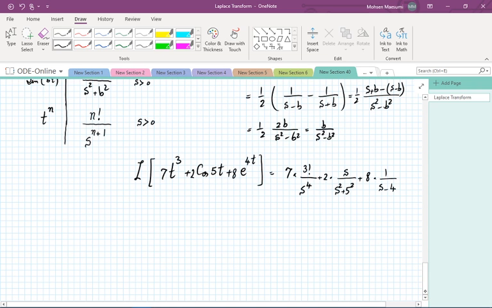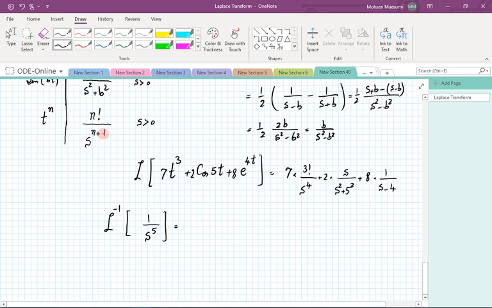More often than not, the issue is to go the other way, meaning if I give you the Laplace transform, can you remember what was the function to begin with? So let's do the following. Suppose I ask you what's the inverse Laplace transform of 1 over s to the power of, say, 5. We are looking for a function that after you take its Laplace transform, we end up with 1 over s to the power of 5.